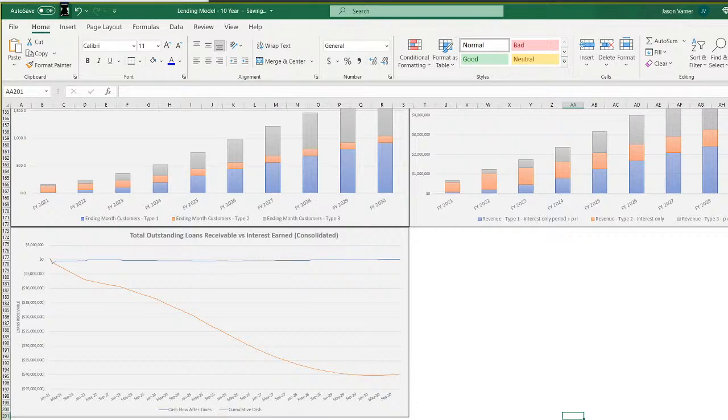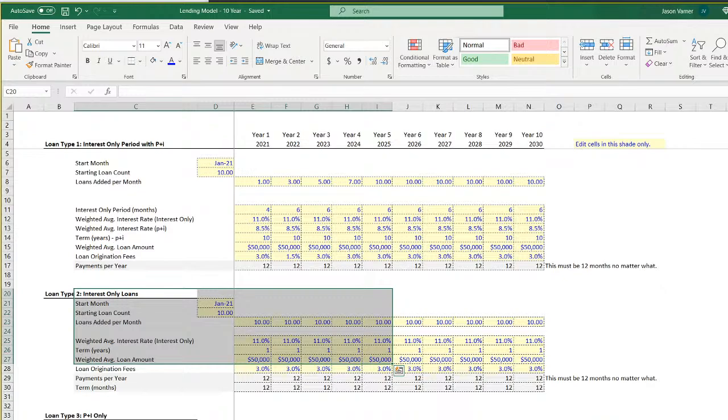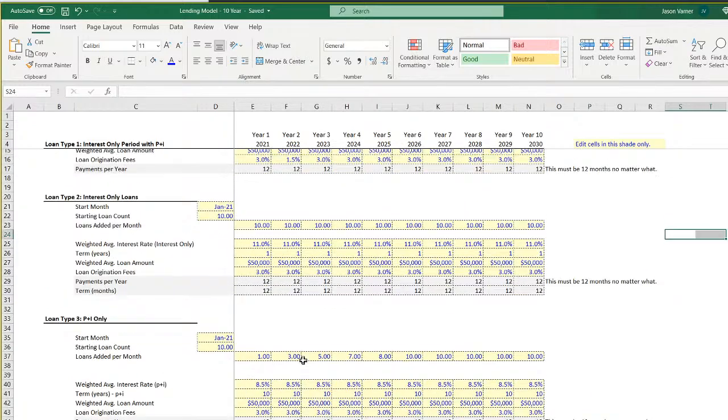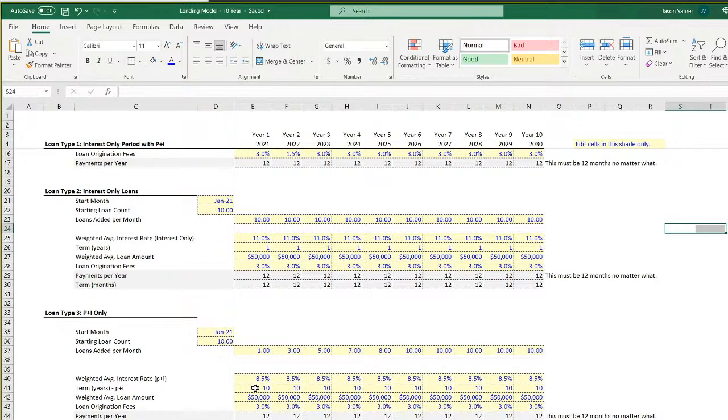Let's adjust the assumptions a bit. If we make the terms shorter, I think that we'll see more repayments. But really, these are completely arbitrary.